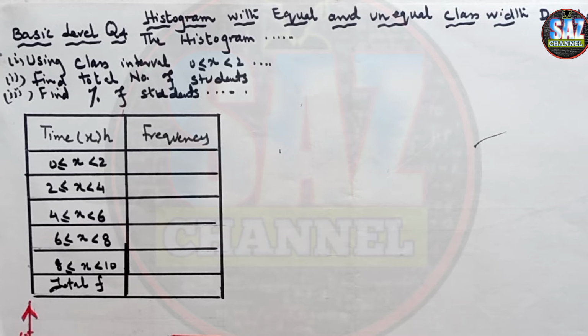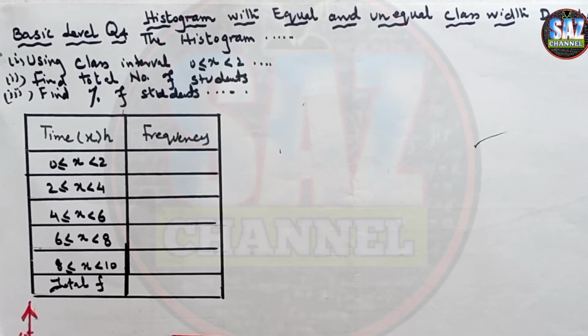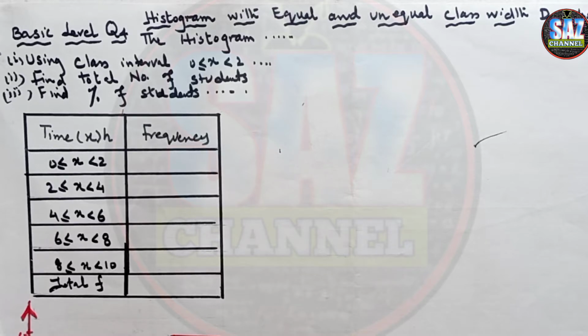This is my fifth lesson of D2, chapter number 16, exercise 16B, about the construction of histograms with equal and unequal class width. What is a histogram, and what are class width, class limits and class boundaries?